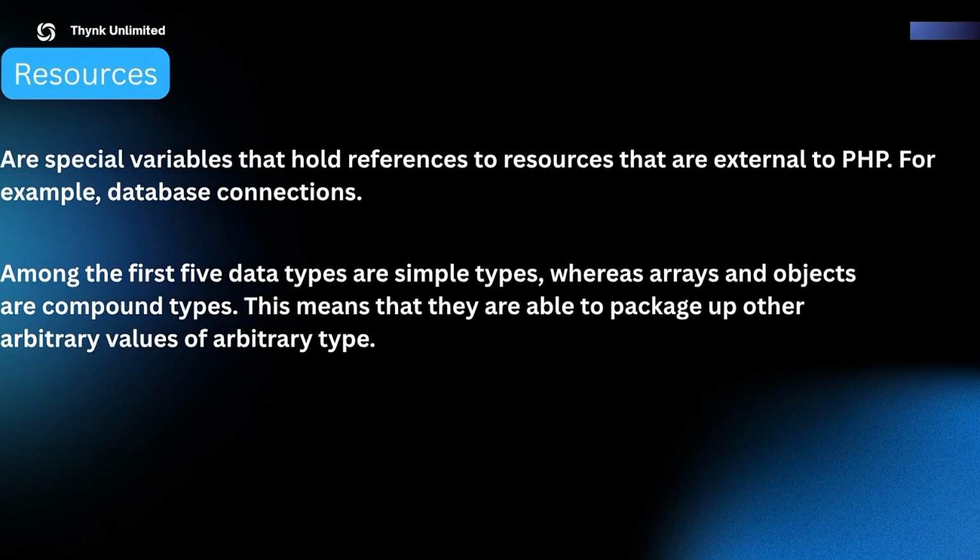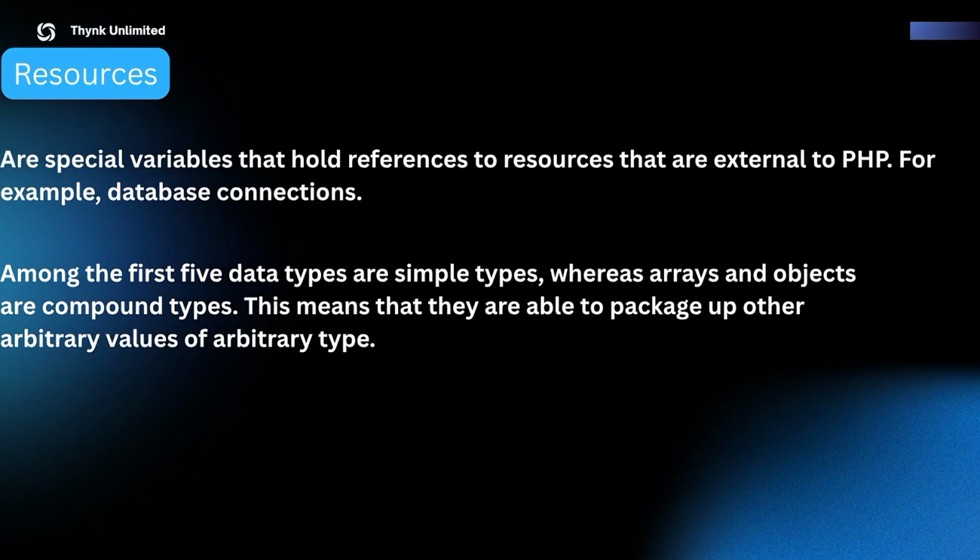Similarly, an object can contain both properties and functions packaged together, allowing developers to build complex real-world models within code. Compound types are extremely powerful because they let you organize and manipulate large sets of data easily. You can think of them as containers that can store various types of values, whether numbers, strings, or even other arrays.